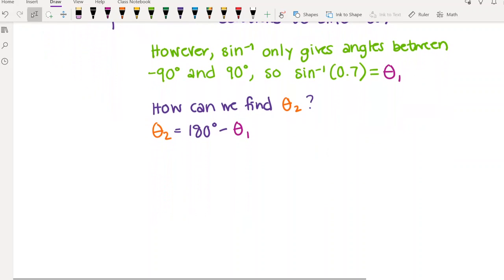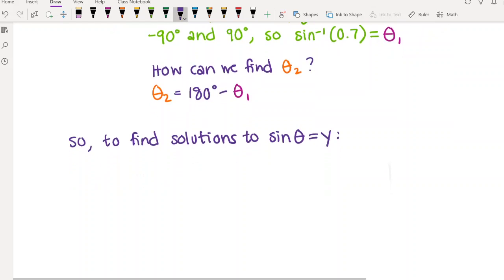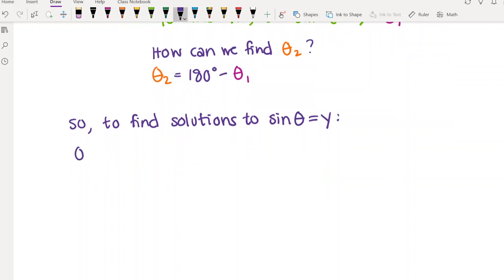Okay, so what does all of this tell us? Going back to the original question, if you want to find solutions to sine of theta equals y, just generically any number y, you can get one answer by doing inverse sine of y.